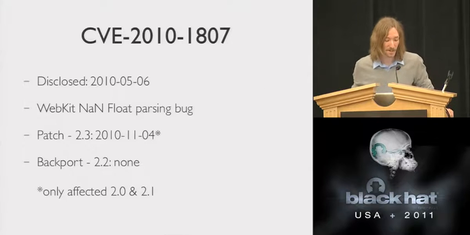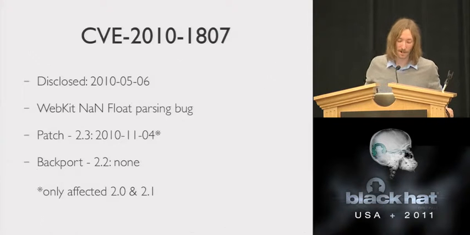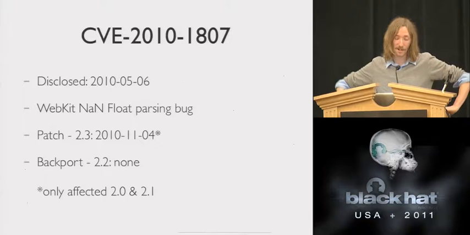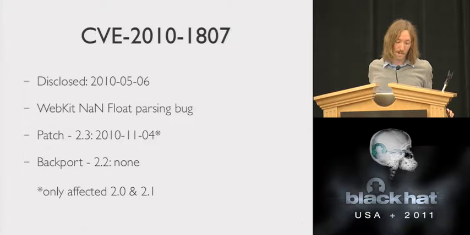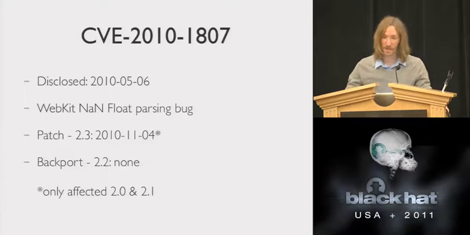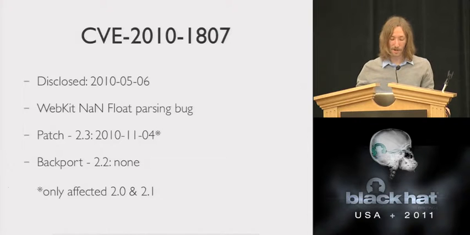This bug was disclosed in May of 2010 and was actually patched in November of 2010. So there was kind of a large gap there, and it was only patched in 2.3 and was never backported to 2.2.